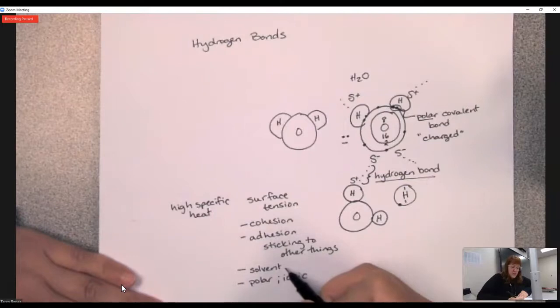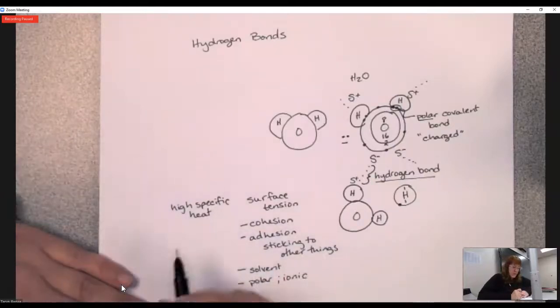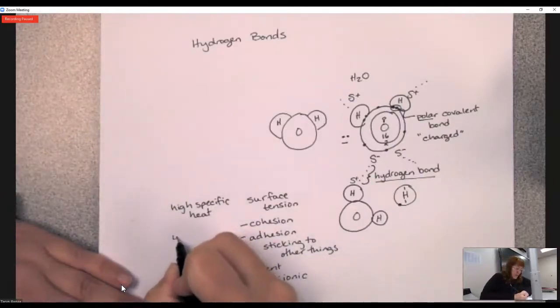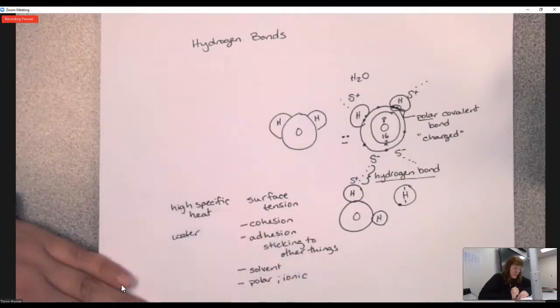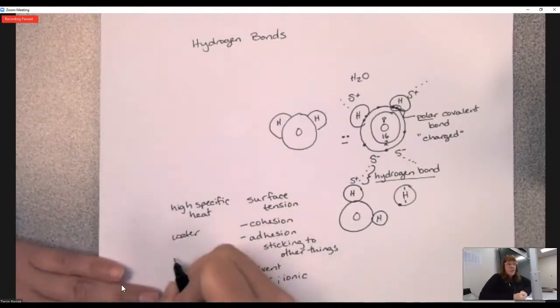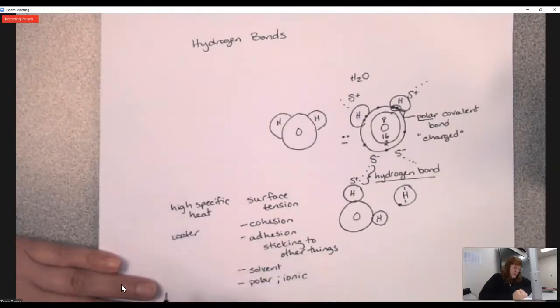It being a good solvent also makes a lot of chemical reactions able to happen because everything dissolves in water. So we are mostly made of water, so that's cool. So most of our blood is actually water, and our cells are full of water, and so we're pretty much water.